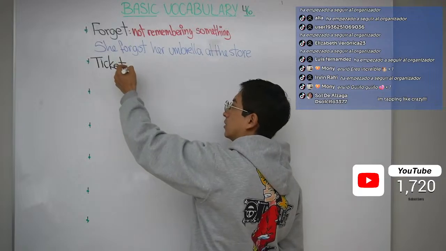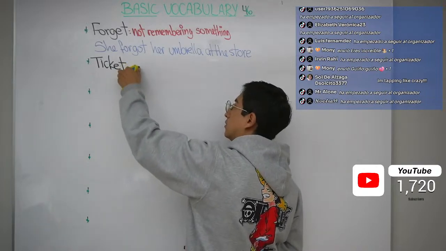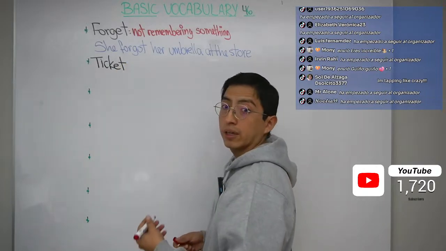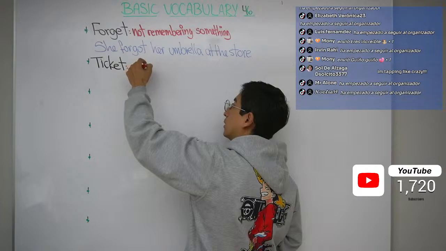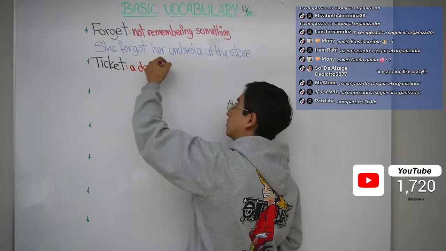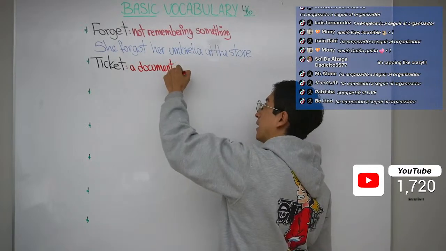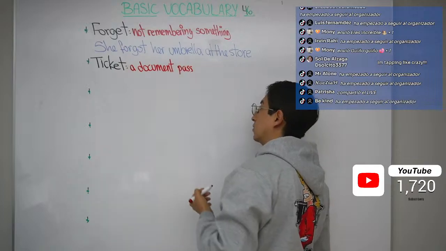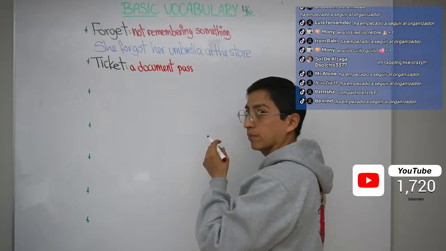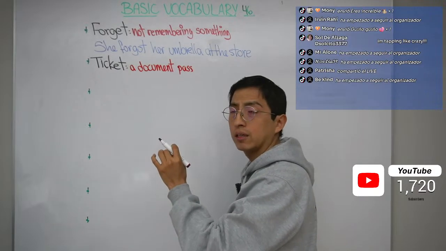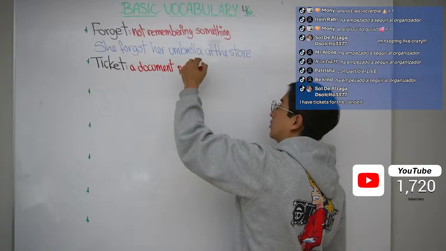We can talk about a document, a pass, a document pass, an entry. If you want to buy something, if you want to go to an event, you need a ticket. Okay, that's number one, a document pass.